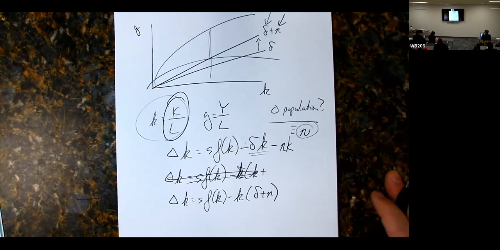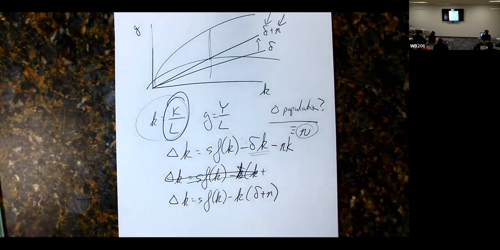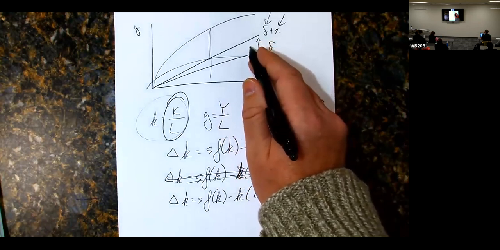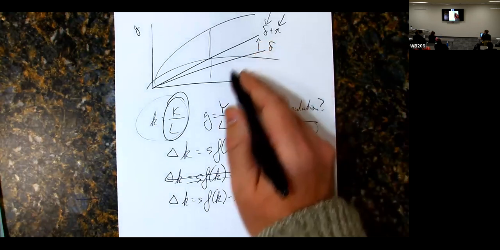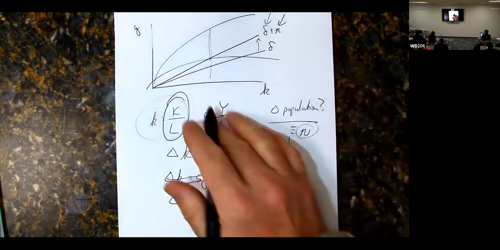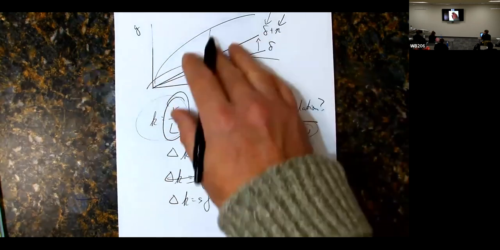We have to take changes in population into consideration in order to do that. So you've got to give some of the new workers some capital too. The output per worker has to do with how much capital each worker can use. So we want to give each new worker some capital also.